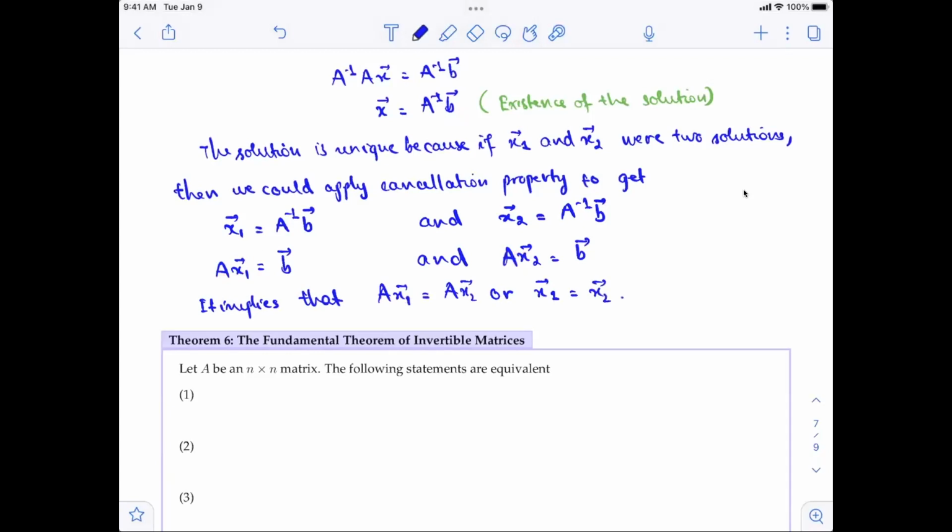Therefore, the solution is unique, right? So the solution of this particular system, given that A is invertible, is unique.